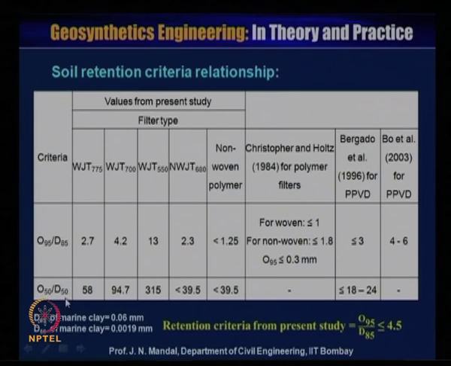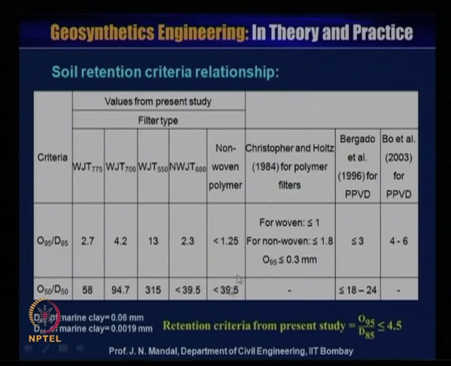And O50 by D50 for WJT 775 is 58, WJT 700 is 94.7, WJT 550 is 315, WJT 680 is less than 39.5, and non-woven polymer is less than 39.5.